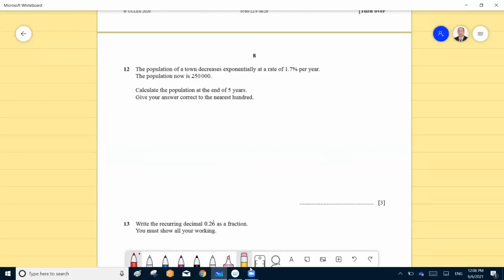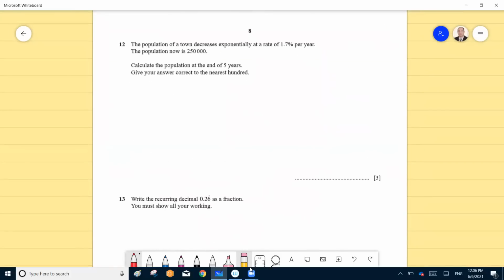Thank you. Question 12: the population of a town decreases exponentially at a rate of 1.7% per year. The population now is 250,000. Calculate the population at the end of 5 years. Give your answer to the nearest 100.